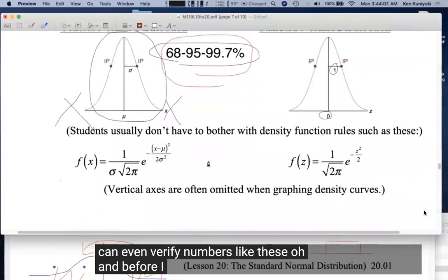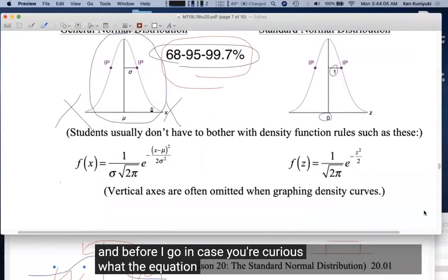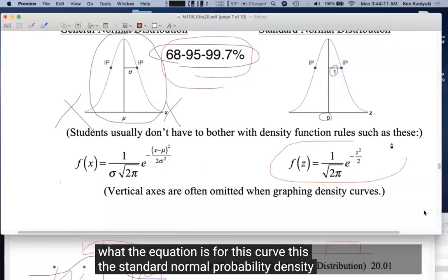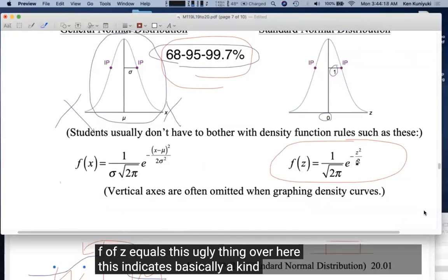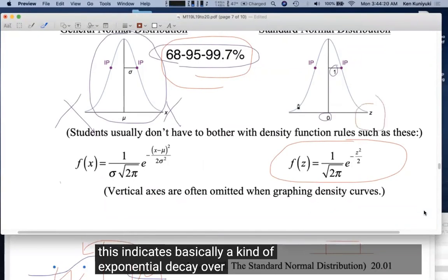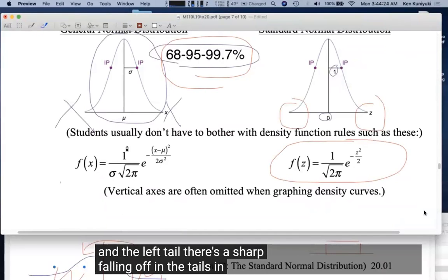Before I go, in case you're curious what the equation is for this standard normal probability density curve, it's this over here. f(z) equals this ugly thing over here. This indicates basically a kind of exponential decay over in the right tail and the left tail. There's a sharp falling off in the tails.